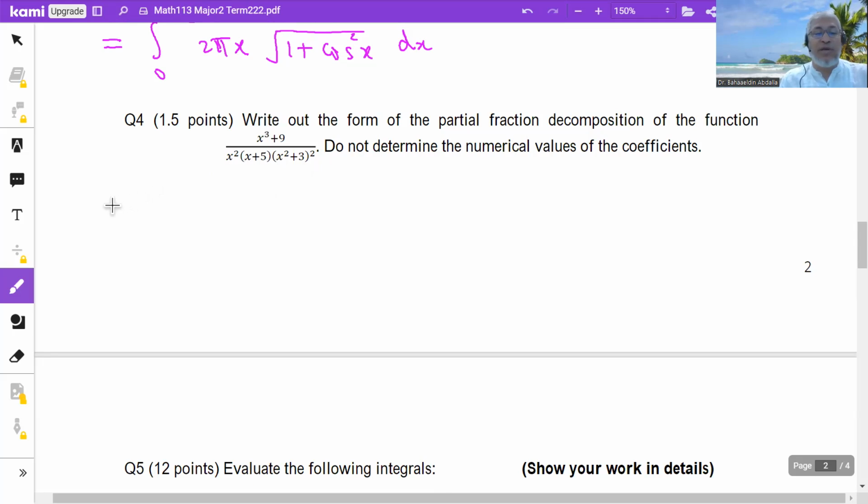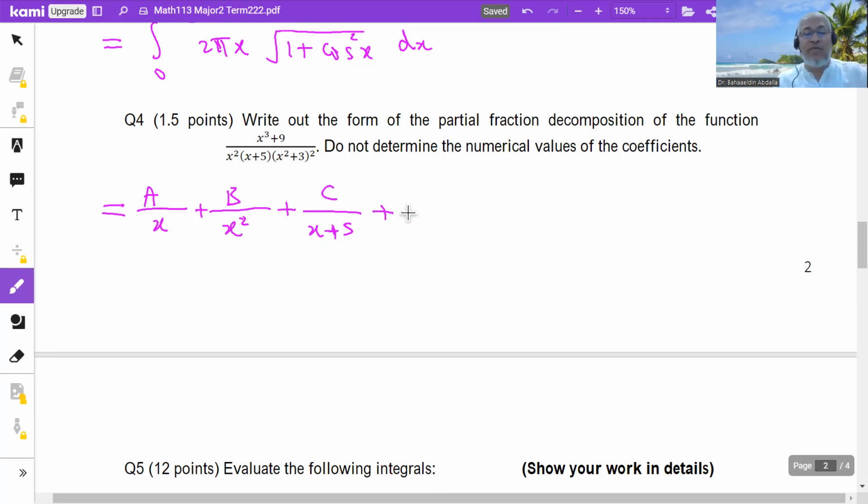So this would be equal to, I need a fraction for x, I need a fraction for x squared because there is a repetition, and x plus 5, the linear factor. Here I have A, here I have B, here I have C, because all of these are linear factors. x squared is a repeated linear factor.